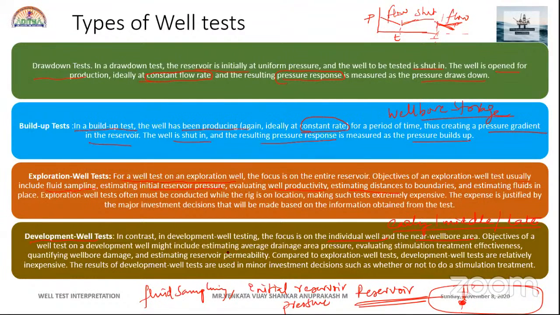This includes estimating the drainage area and pressure, and evaluating the stimulation treatment, like whether it has been plugged because of the perforation, or is under acid treatment. We want to know what it was before and what it is after, by doing this test, what they call the cleaning. During that time we can do this development test. We are also estimating the reservoir permeability. All this we can obtain, and it is relatively inexpensive.